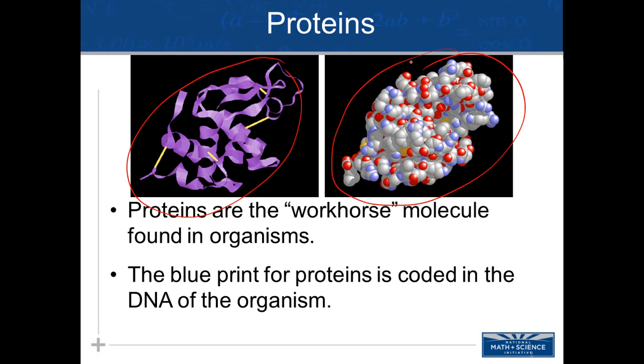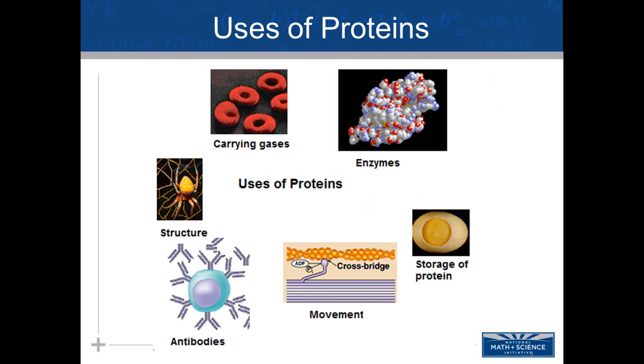Now, some proteins actually have more than one polypeptide chain. In that case, you are examining the quaternary structure. Remember, genes produce proteins.